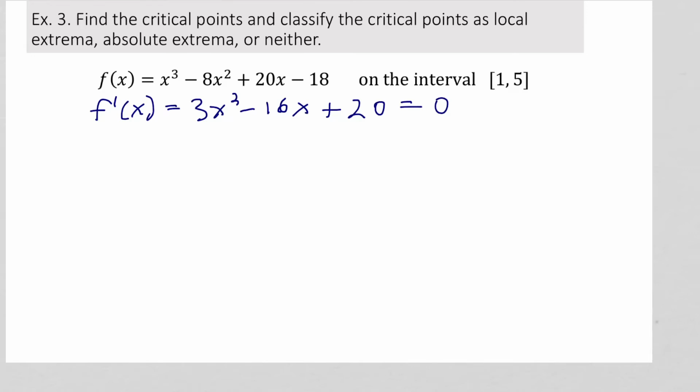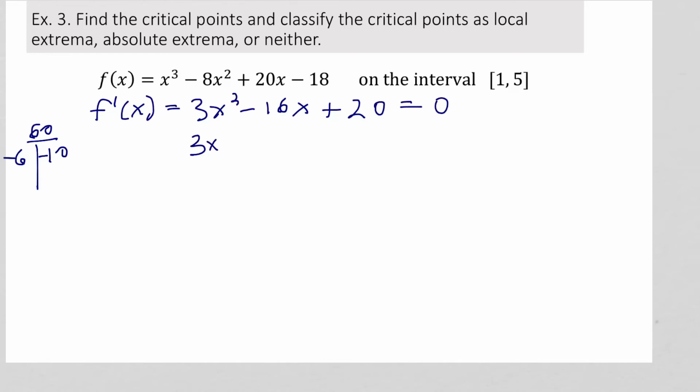I want to check and see if I can factor this. If not, I will use the quadratic formula to find the x values, which are the solutions to f prime of x equals 0. So 3 times 20 is 60. So I can say 6 and 10, negative, negative. So this is factorable.